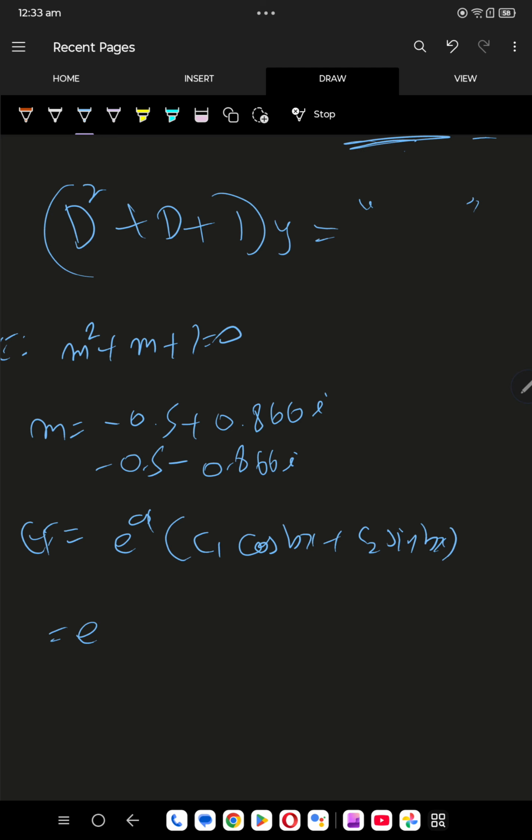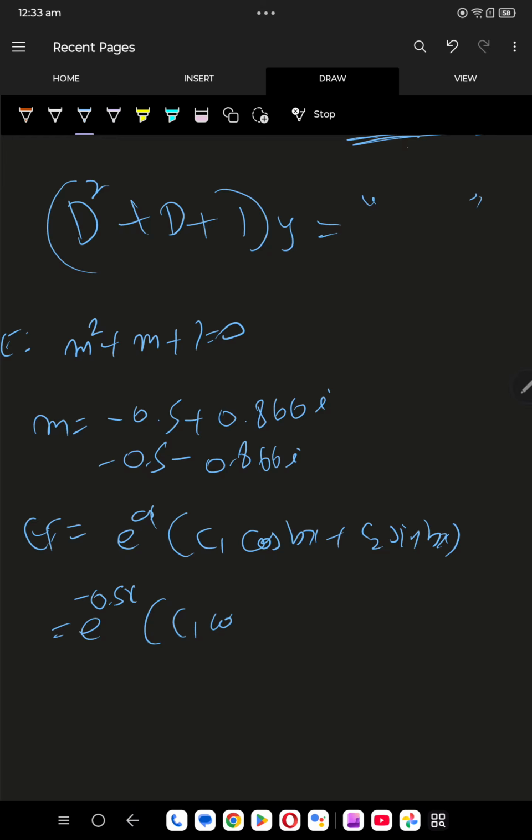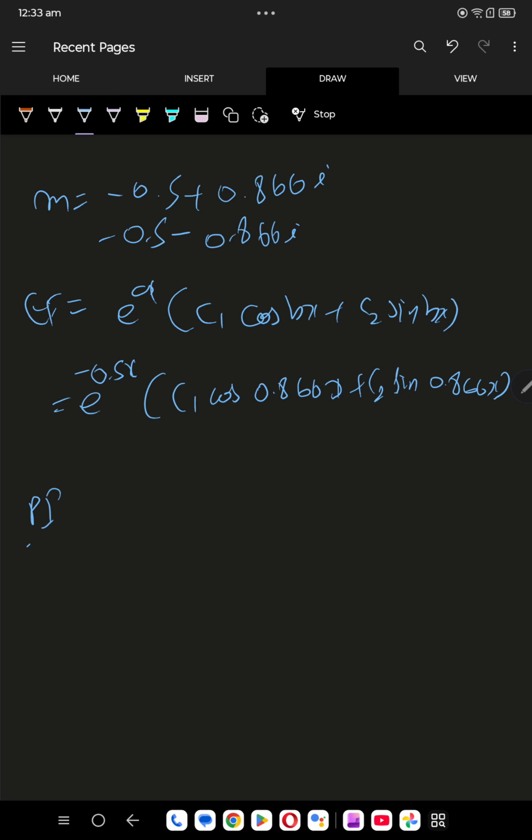So it's going to be e power minus 0.5x (c1 cos 0.866x plus c2 sin 0.866x). This is the CF part done. Now let's concentrate on the PI part.